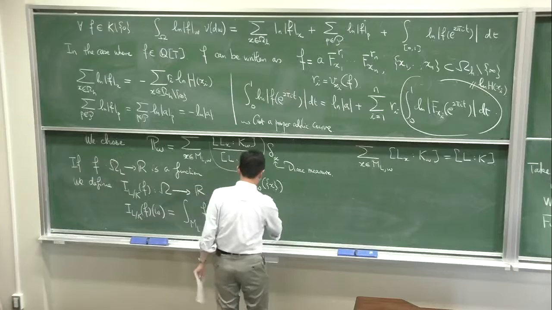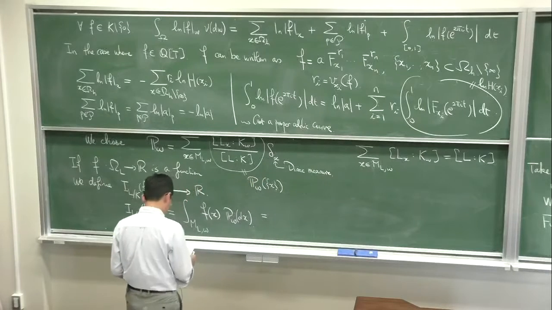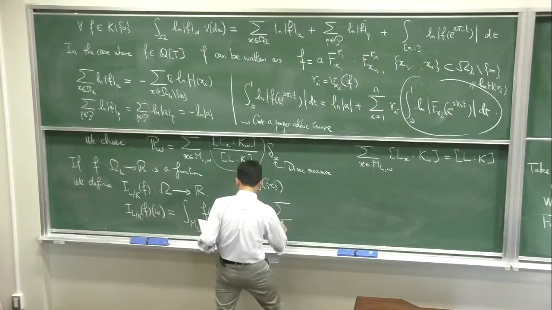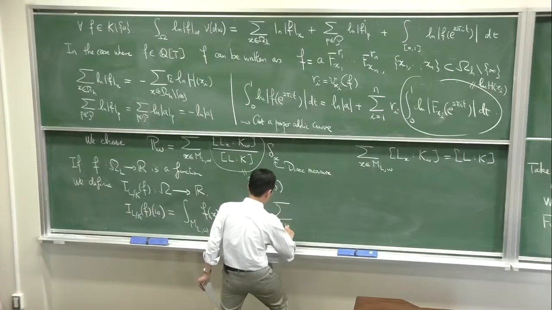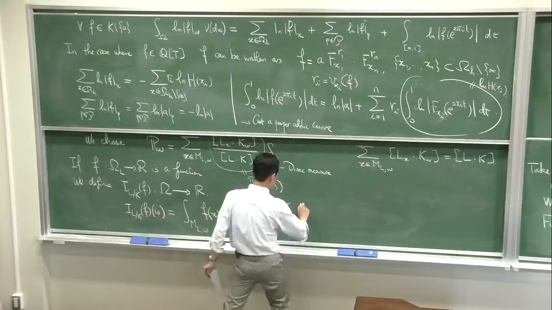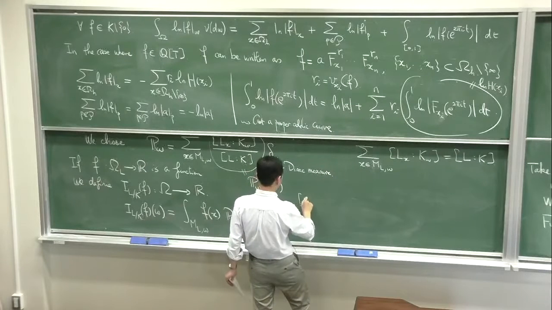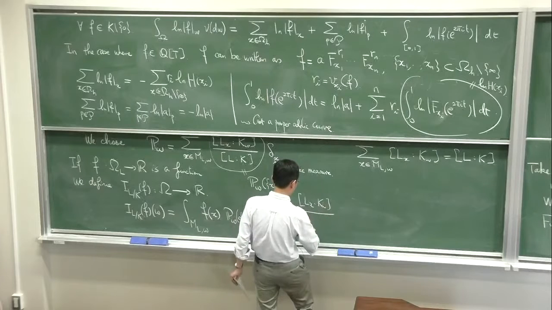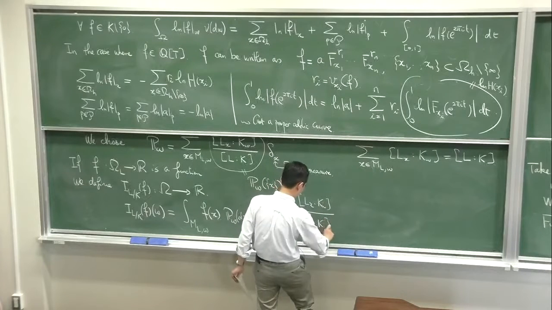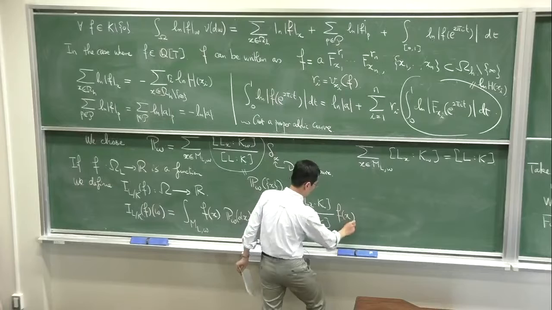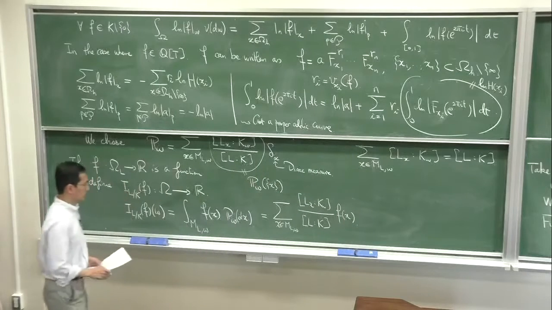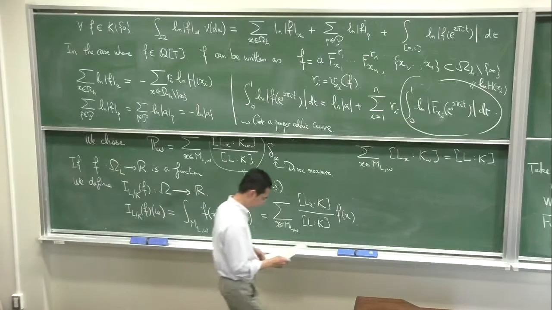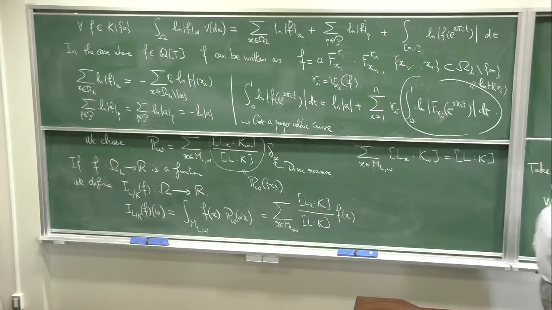So maybe it is not that easy to understand by the integral, but I would like to say that it's just the sum over x in M_L omega, with coefficient degree of L_x over K_omega divided by degree of L over K, and we compute the average of f. So in some sense, it's somehow an average value of f.